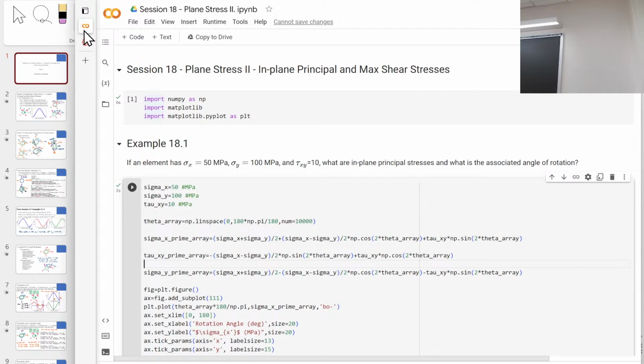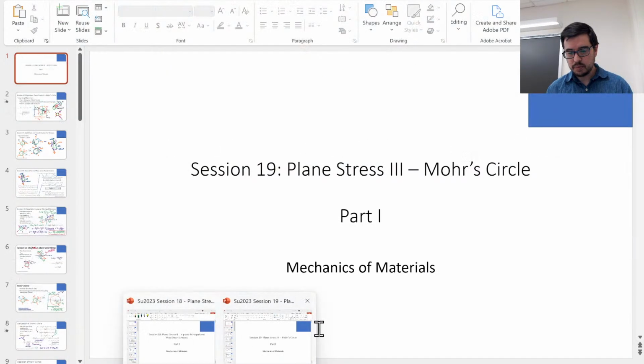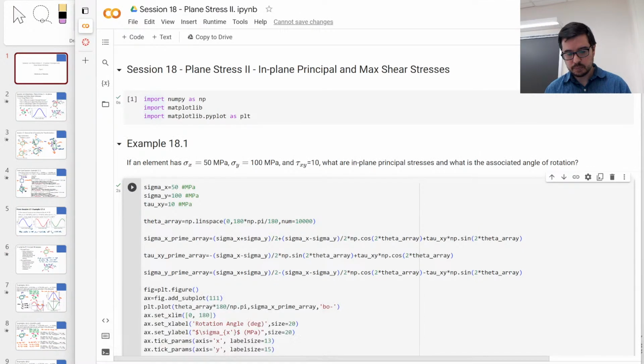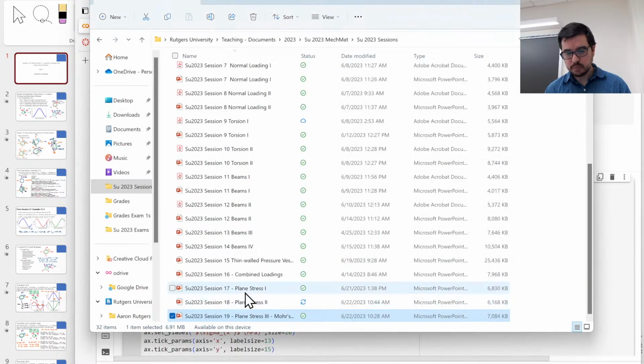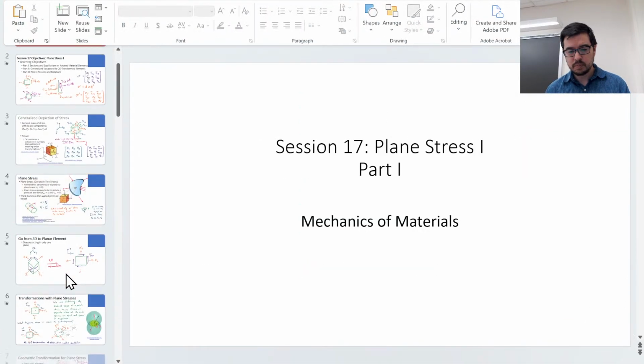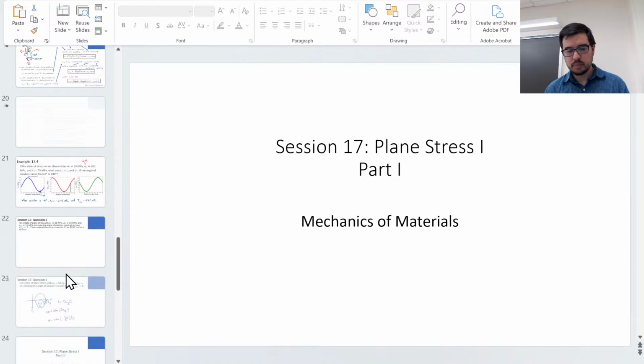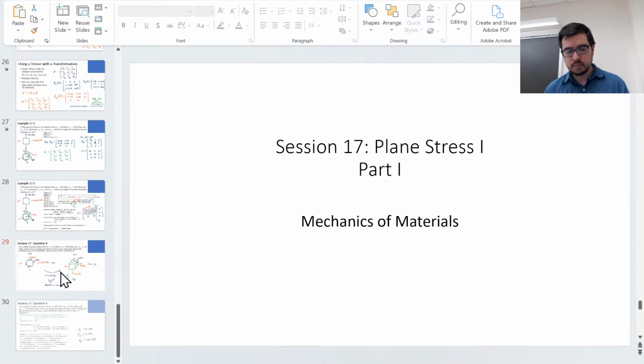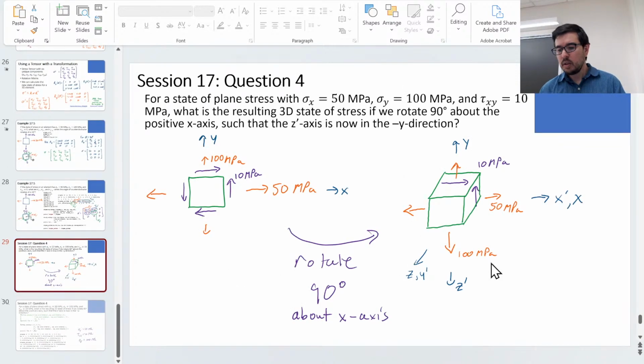But how do we do the top part still? Okay, let's look at it. There are a couple ways to look at this problem. We agree this is x prime, right?